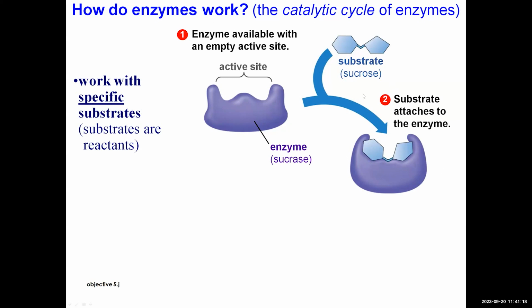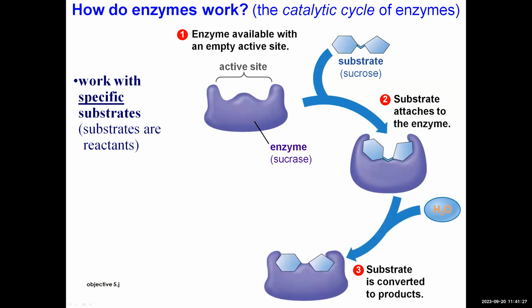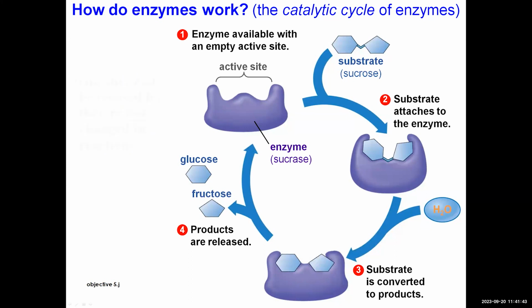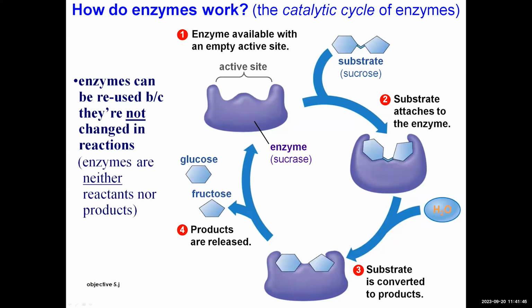We can see this in the structure. It was straight here and it's curved here. Then we can add water and perform a hydrolysis reaction to break the bond, now that it requires less energy to do so. Once that happens, the products of the reaction can be released. It's important to remember that the enzyme is neither a reactant nor a product.